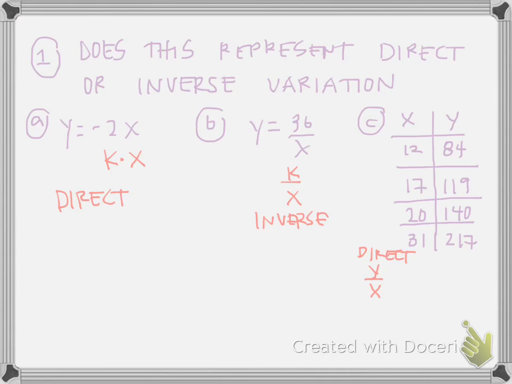And 217 divided by 31 is going to give me a 7. So my k here is going to be 7. So this is going to be a direct variation. Multiplying those two together would be an inverse, but this one's not an inverse, it's a direct. So that means my formula could be y equals 7 times x.